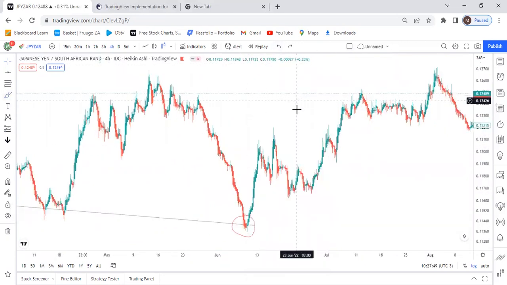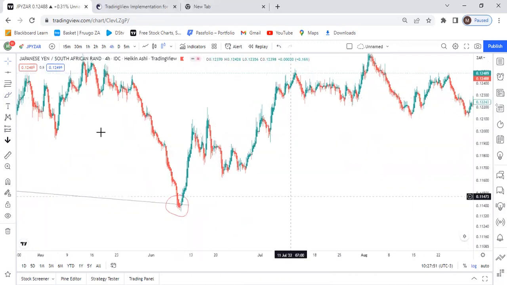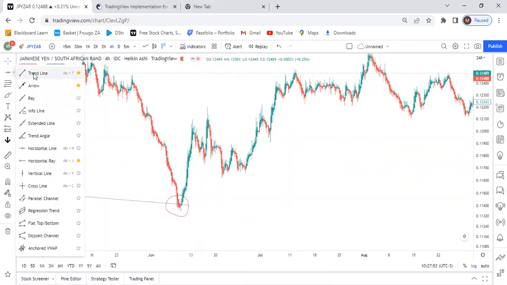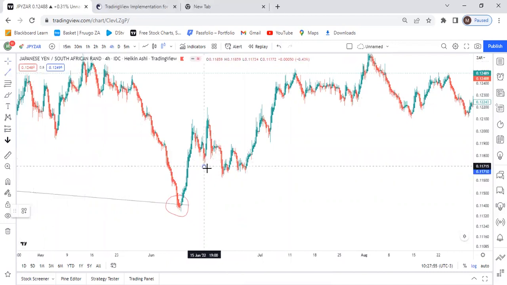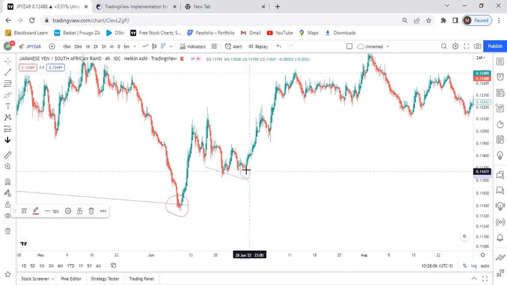But then now you need to know or spot how many touches the correction has. So you're gonna consider this as your first touch, this as your second touch, but as you can see, the third touch didn't actually reach, but then this is your third touch.